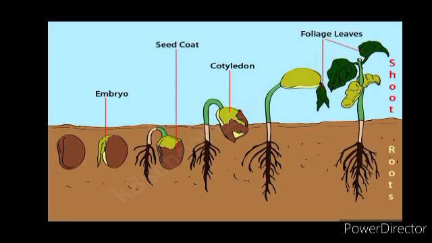Now the young plant starts growing and making its own food through photosynthesis, and that we know. The part above the ground level of a plant is called the shoot, and the part below the ground level of the plant is called the root.